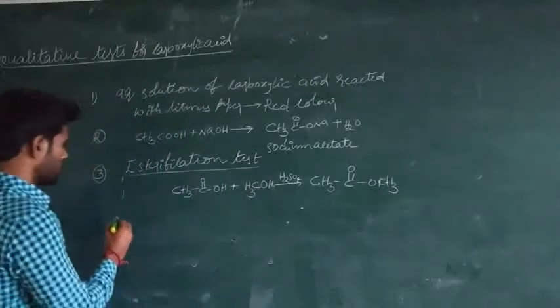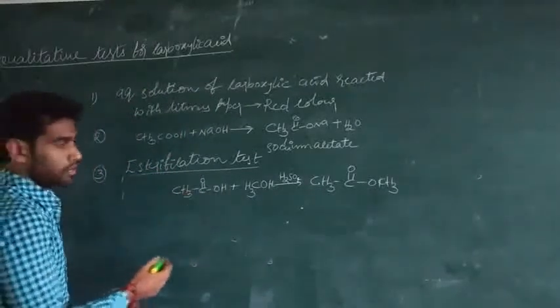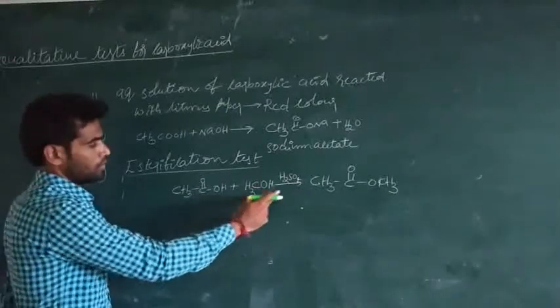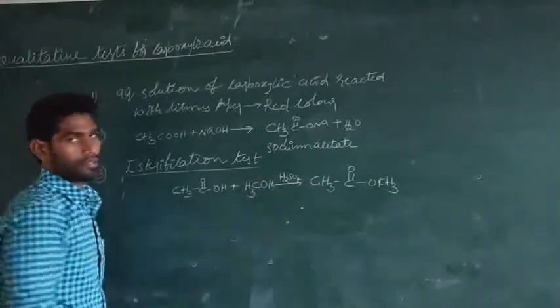Now coming to the mechanism, how carboxylic acid, upon reacting with alcohols in the presence of acid, is producing esters.